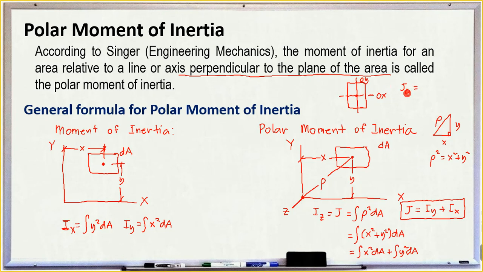The O just denotes that it is along the centroid. Of course, the polar moment of inertia differs at a particular location. So JO is just the sum of the moment of inertia at that centroid along the x-axis plus the moment of inertia at that centroid along the y-axis. So, that is the purpose of the polar moment of inertia.